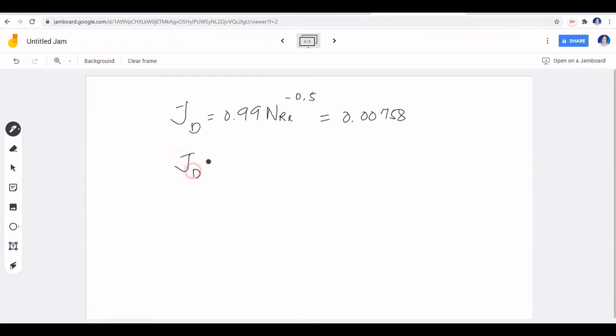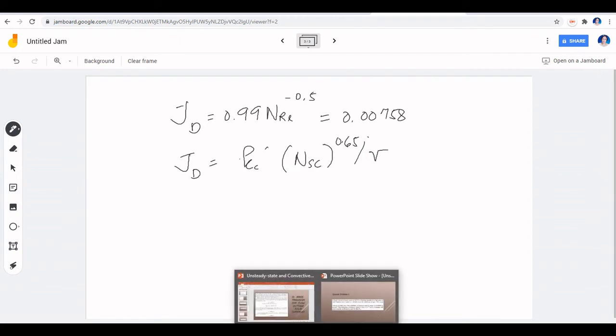This J sub D is K sub C prime times the Schmidt number raised to 0.67 divided by the velocity. Where am I taking this? This is for the J sub D equation when we were discussing the first part of this, the mass transfer coefficients in various geometries.